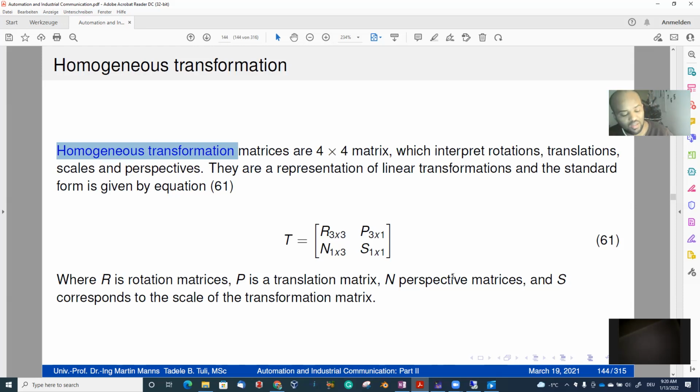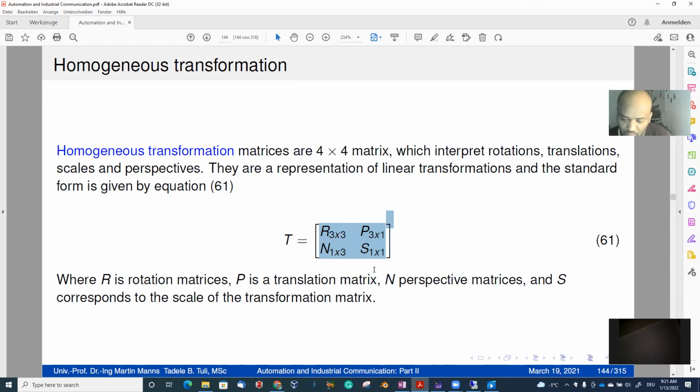The rotation matrix is 3 by 3, and the position vector is 3 by 1. It's not really possible to combine 3 by 3 with 3 by 1 in one matrix, because it will become 3 by 4, and a 3 by 4 matrix has a lot of problems.